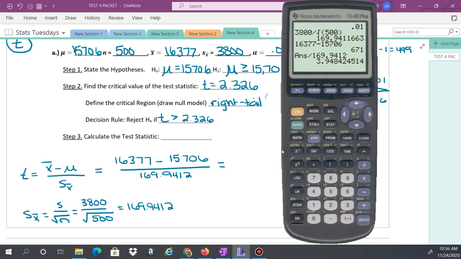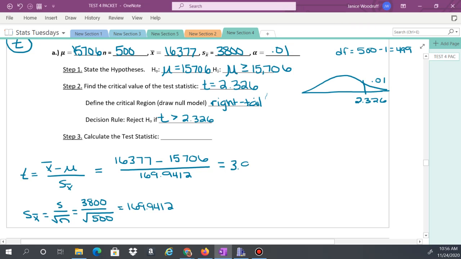So it's going to give us 3.9484. Okay, so that is the value of our test statistic, 3.9484. So if we just look at this real quick, if it's greater than 2.326, we reject.